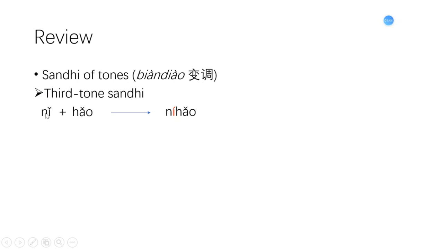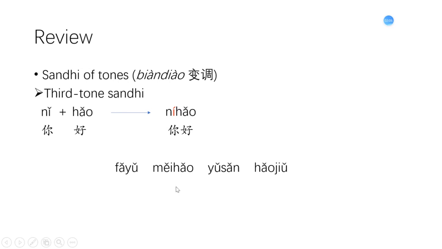If 你 is followed by 好, the original tone of 你 is the third tone, then it changes to second tone. So in practice, we pronounce it as 你好 instead of 你好, right? So this is the Sandhi of third tones.